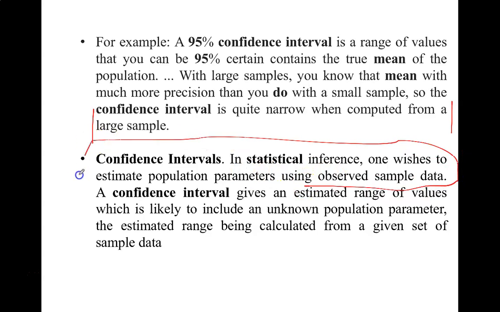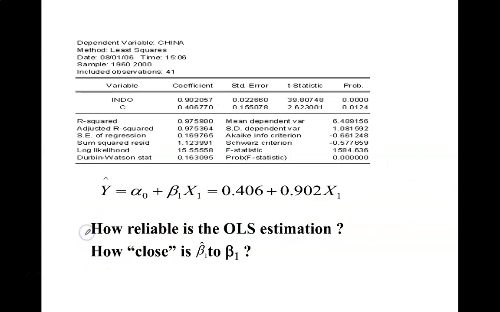The confidence interval gives an estimated range of values, which is why it's called an interval, that is likely to include the unknown population parameter. The estimated range is calculated from the given set of sample data.